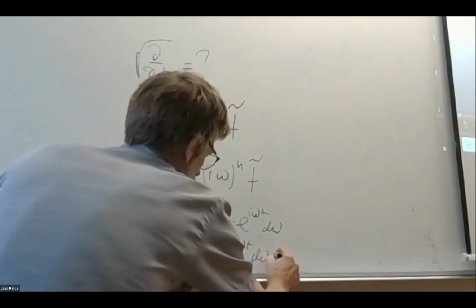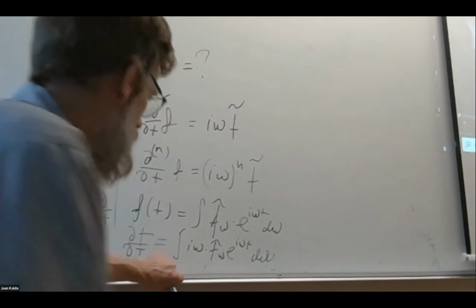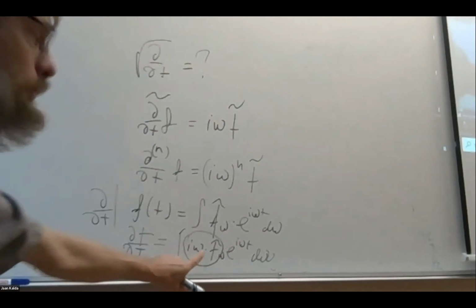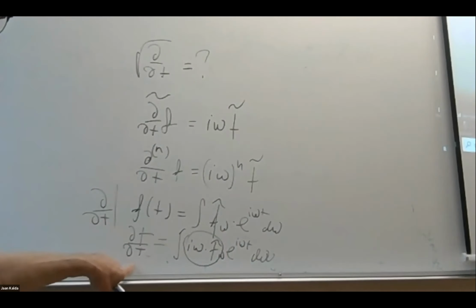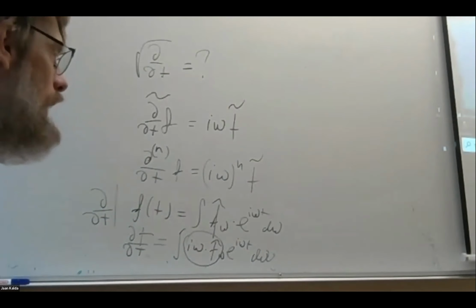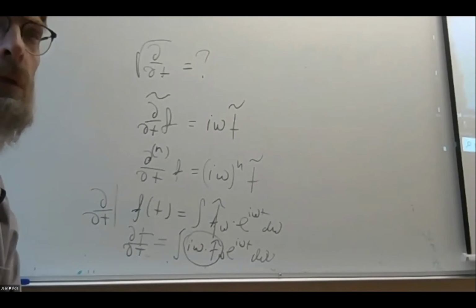d omega. And now if you look at here, it becomes clear that this guy here is the Fourier transform of this thing over here. F tilde is a function of omega, like the Fourier transform.